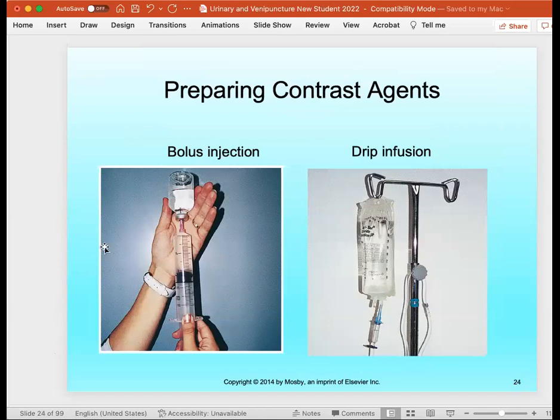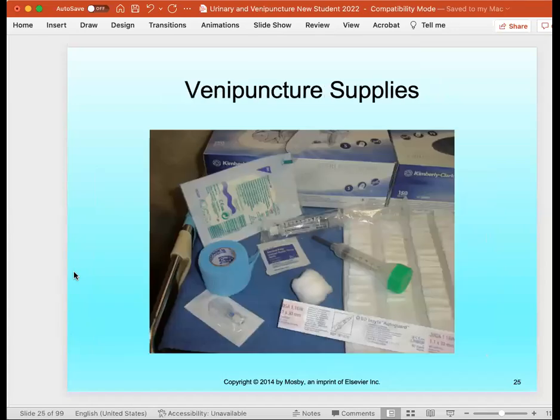Bolus injections are a larger amount of contrast media given all at once, very common in CT and also in these urinary exams. A drip infusion is a large amount, but given over a longer period of time.